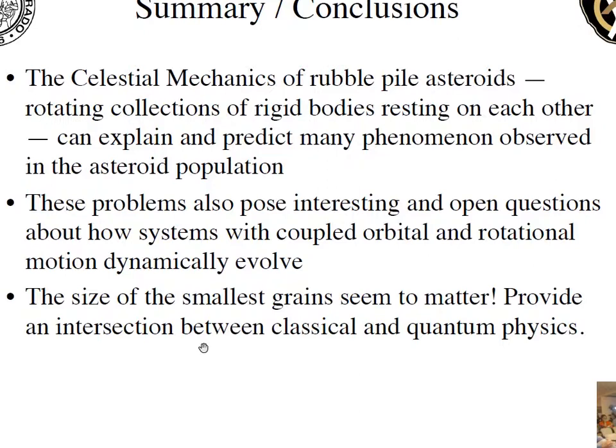And they're really interesting and open questions about how systems with coupled orbital and rotational motion dynamically evolve. And especially, I think what's interesting here is how the tidal theories can be applied to these highly dynamic environments where we have large changes in spin rates and proximity and tidal forces over very short time periods.